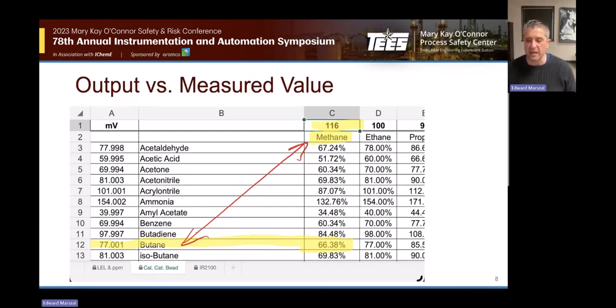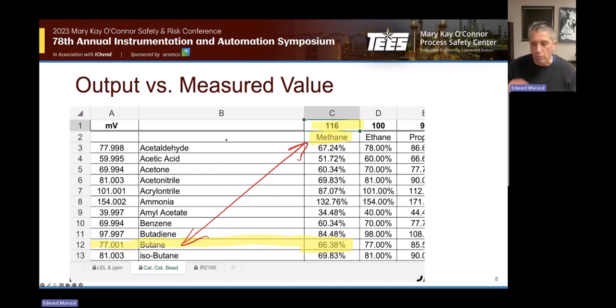So the same concentration of calibration gas is going to give you a continually decreasing millivolt signal as your catalyst gets coked up and otherwise gets deactivated. So that's why you need to do the constant recalibration, because that measured millivolt value is going to decrease over time.